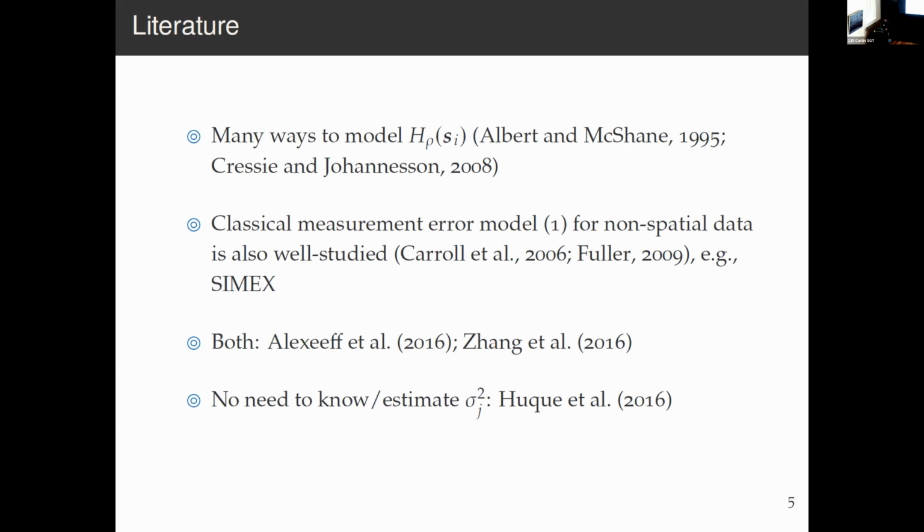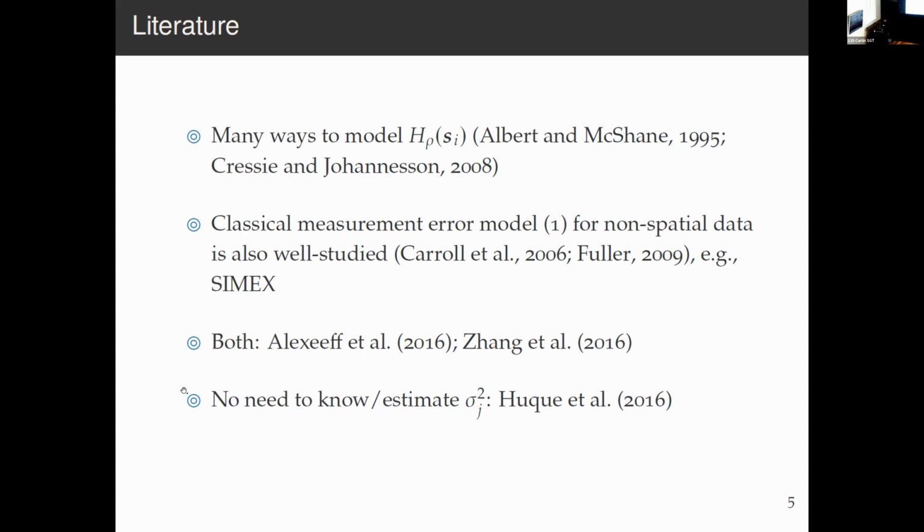And separately, there have also been many methods introduced for dealing with measurement error in the covariates for non-spatial data. For work that deals simultaneously with the spatial aspect of the data as well as measurement error, there's less literature, but there is still some.